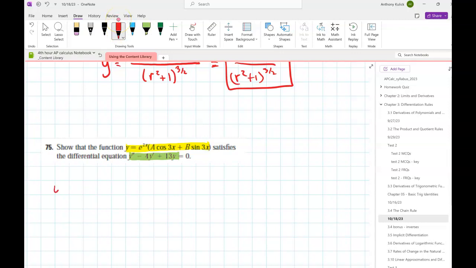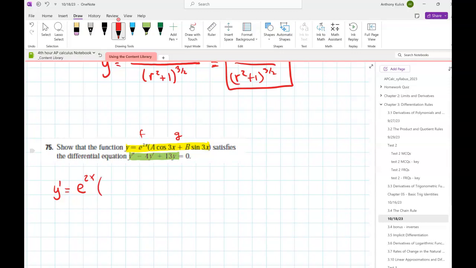So let's do y prime first. If I look at y, the first thing I need to do if I'm differentiating that is to do the product rule, because I have e to the 2x times stuff, right? So I'm going to have f times the derivative of g.